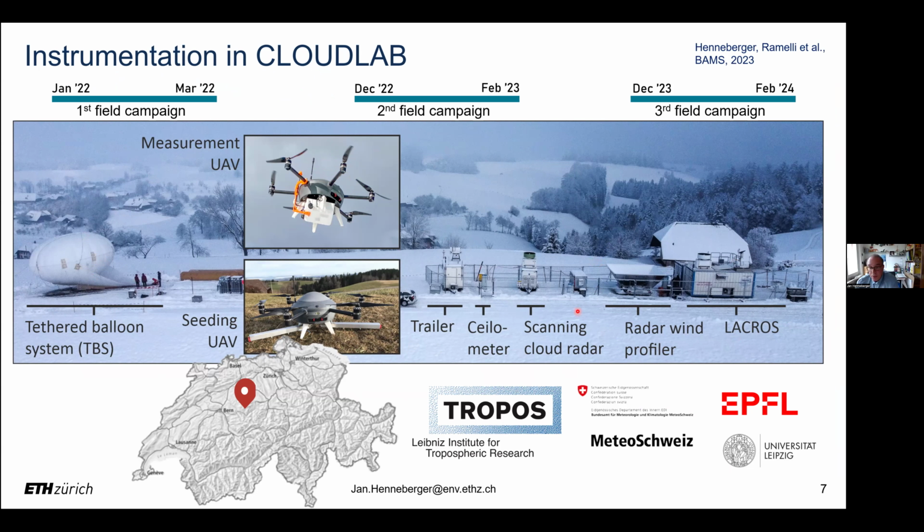We are very happy to have partners who contributed massively with instruments, in particular cloud radar. You can never have enough cloud radars on a field campaign, so our peak was 5 cloud radars at 3 different wavelengths, but normally we had 2 Ka-band radars to observe the changes in the cloud.